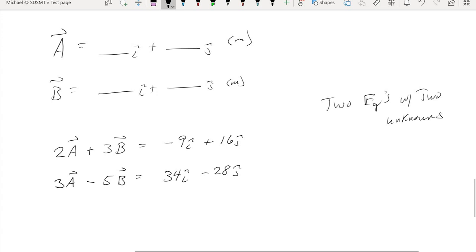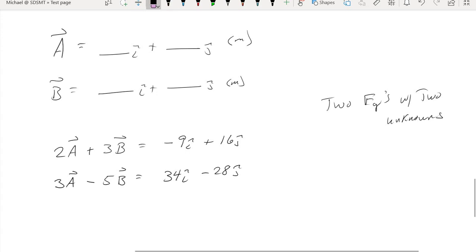And typically, as long as you have the same amount of equations as you have unknowns, then that system can be solved. The question is, how are you going to solve it, especially since we have everything in vector form now?